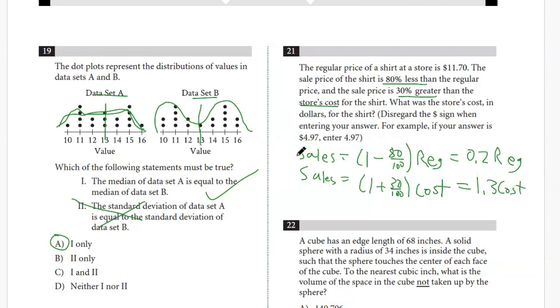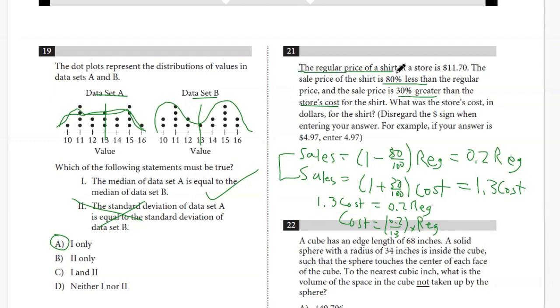And since we can set these two equal to each other, we can say that 1.3 cost is equal to 0.2 reg, and cost is equal to 0.2 divided by 1.3 times reg.